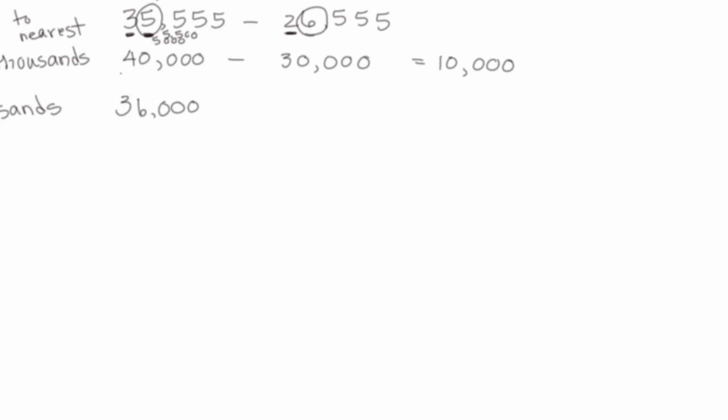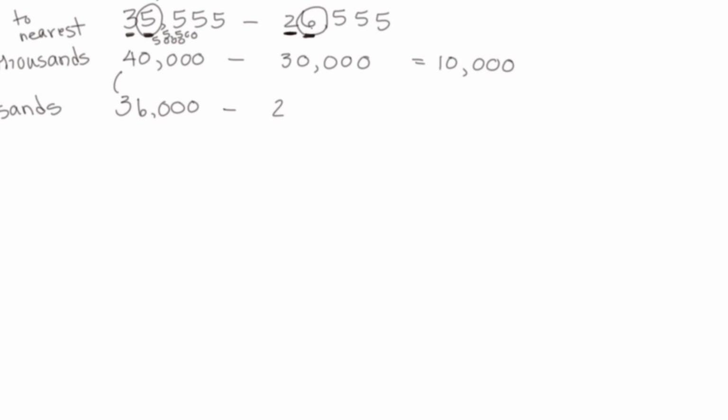And you see these two numbers are similar, but they're different. You get a different estimate depending on which place value you're rounding to. So this is rounded to the thousands. Also here we're going to do the same thing. We're going to round to the thousands. So we have 6,000. The two 10,000s stay the same because we're rounding to the next place value.